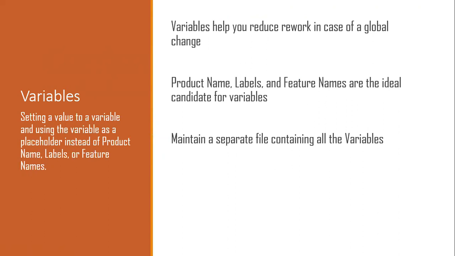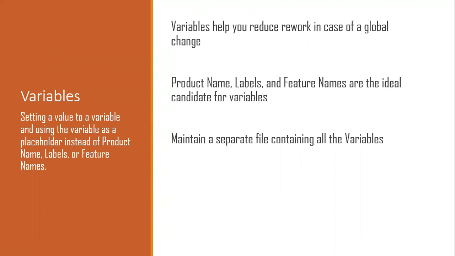So having a variable-based structure for things that you find might change, or at least for something like a product name or some key features that you feel are dicey at the beginning, where it's not decided which name to have, if you come across such scenarios, then I think variables will help you a lot.